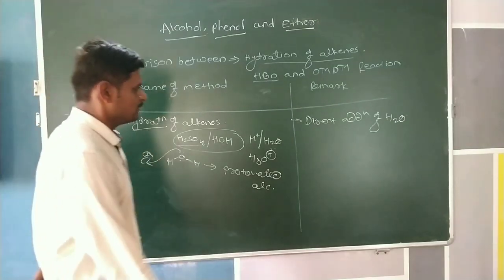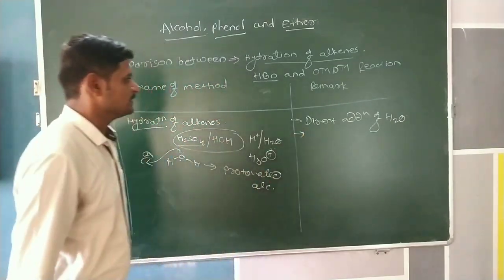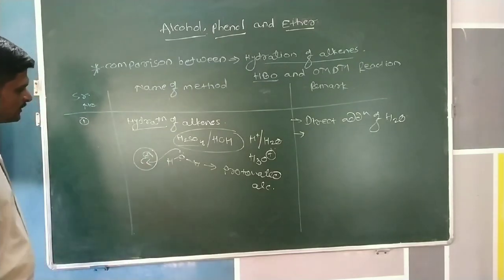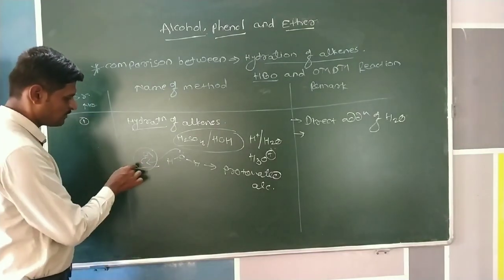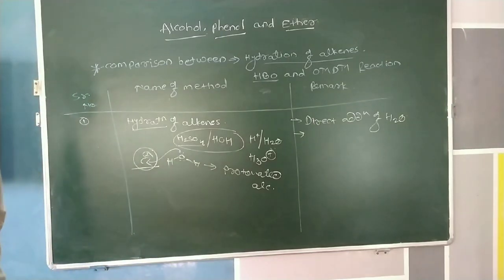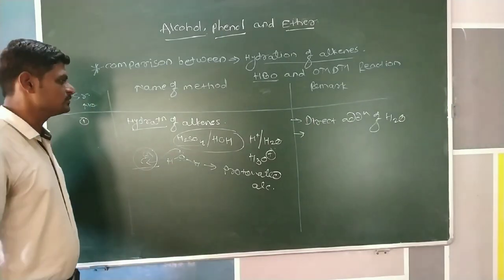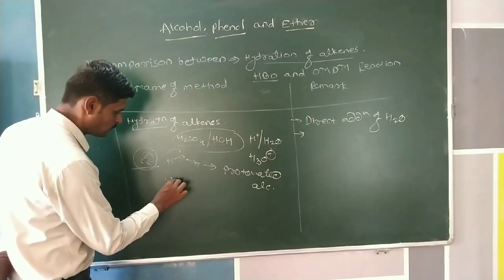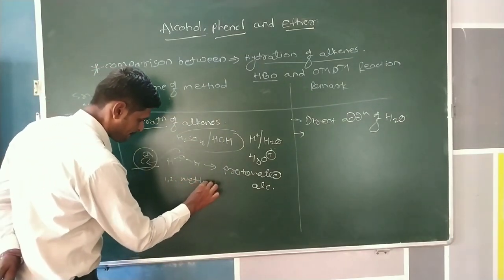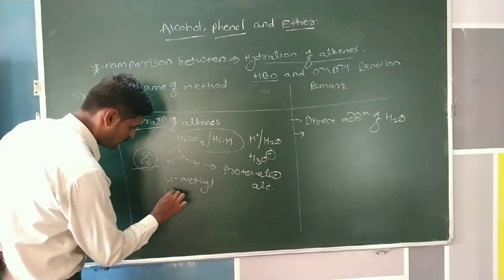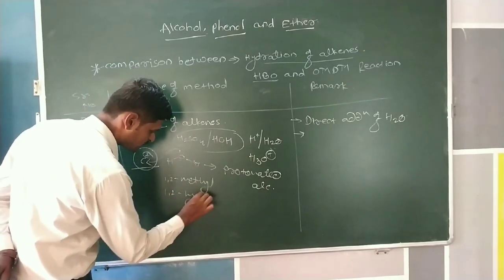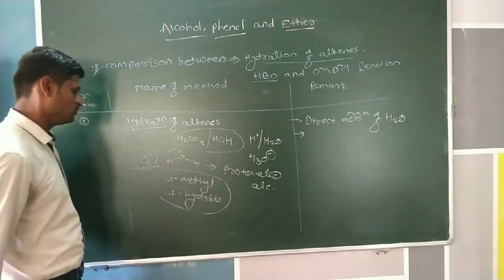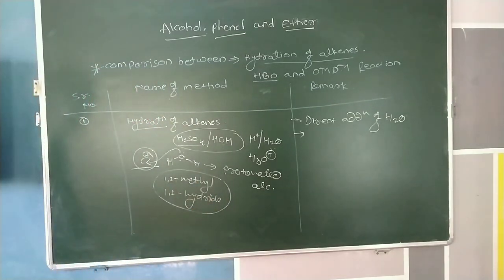The second important thing is the formation of carbocation. After formation of the carbocation, a rearrangement reaction is possible, through 1,2-methyl shifting or 1,2-hydride shifting. These two important factors we will study in the mechanism of this reaction.